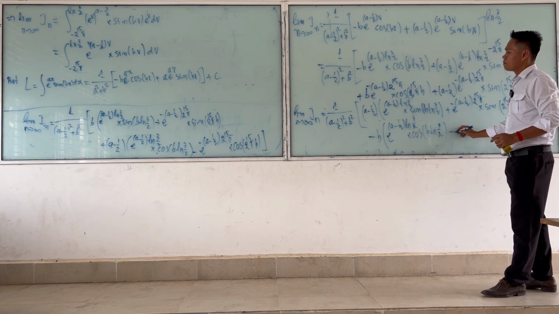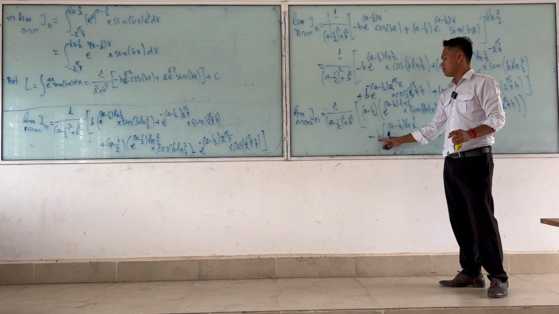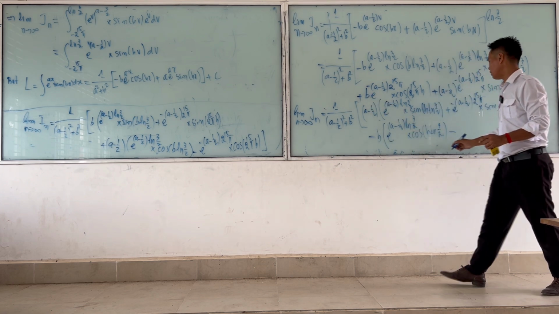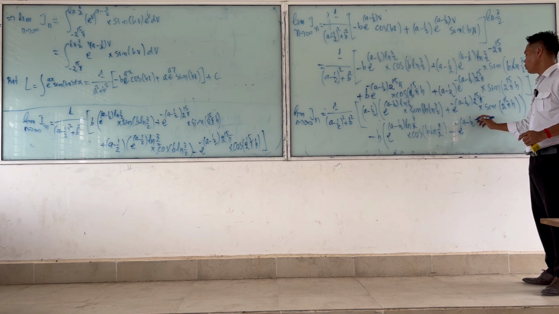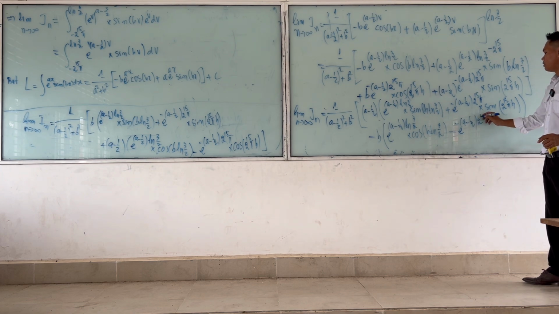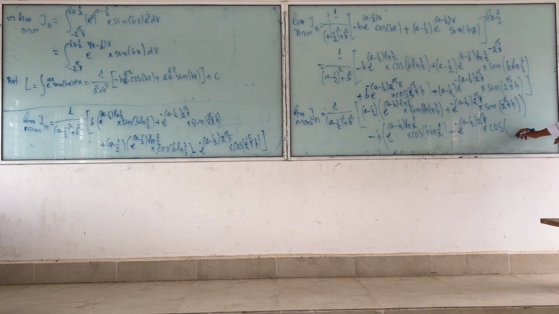And minus, because you factorize negative b, you get minus e to the power negative (a minus 1 over 2) multiplied by 2 to the power 15 pi and multiplied by cosine of 2 to the power 15 pi b.